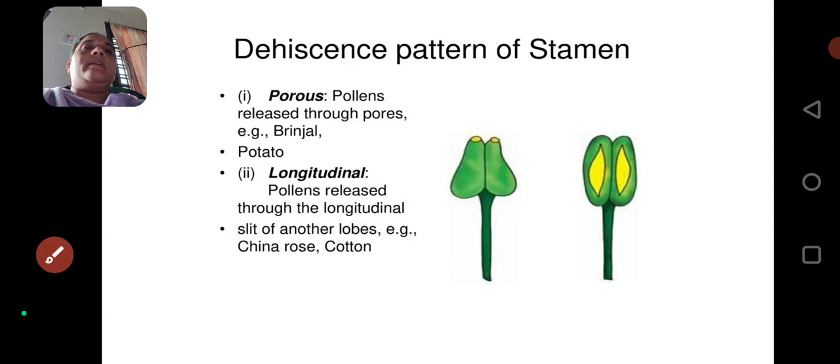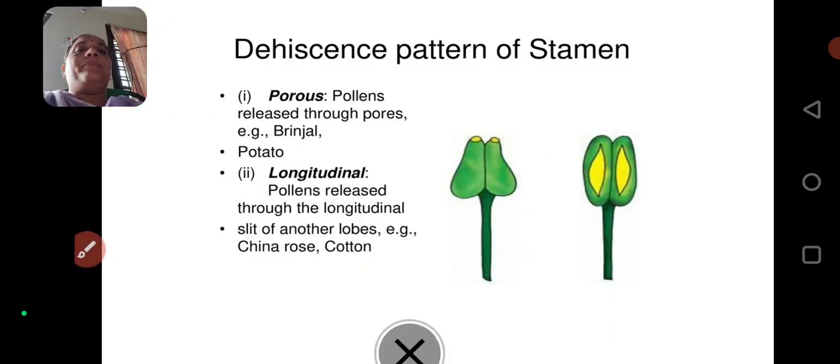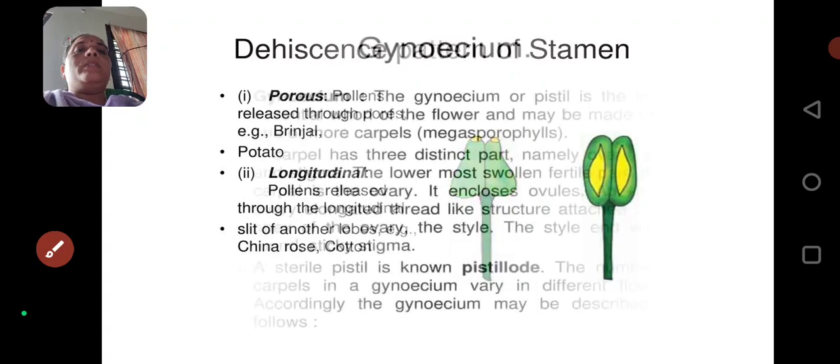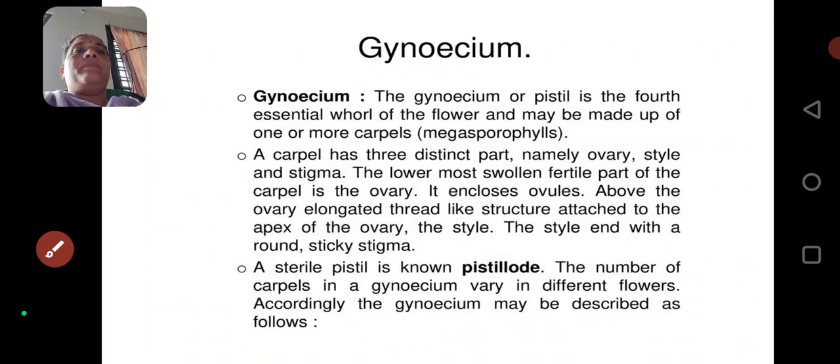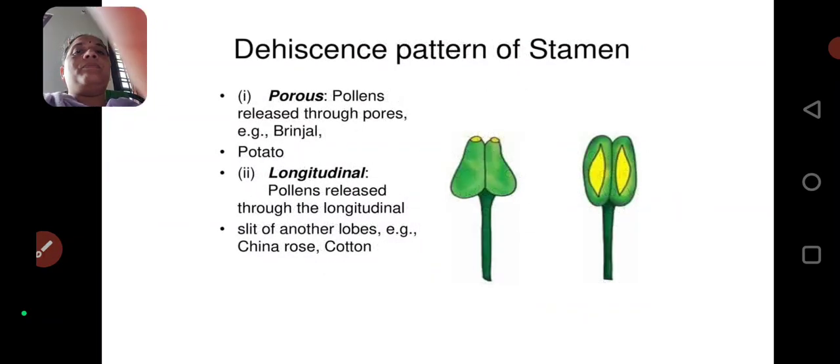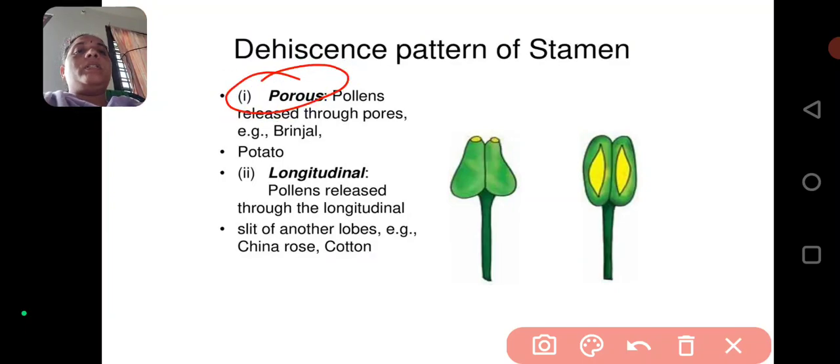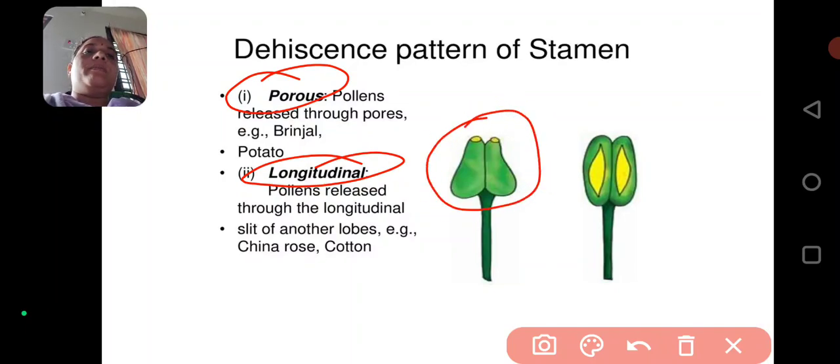Next one is dehiscence pattern of stamen. Dehiscence patterns of stamen. These are porous and longitudinal. This is the anther and the lobes.